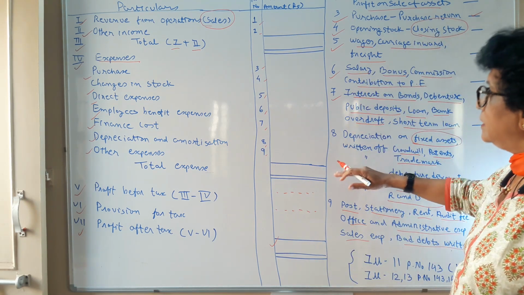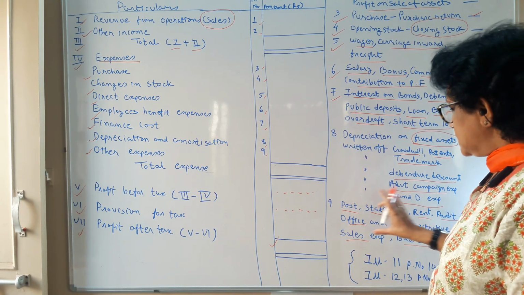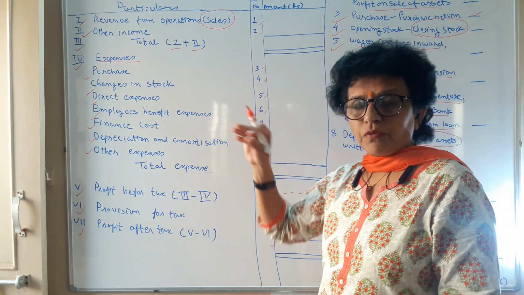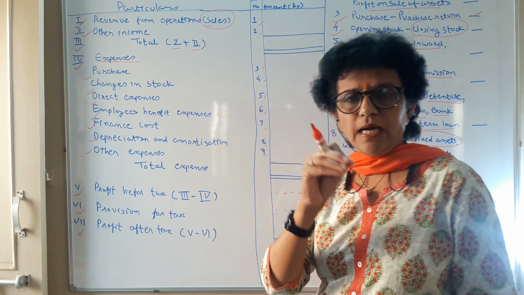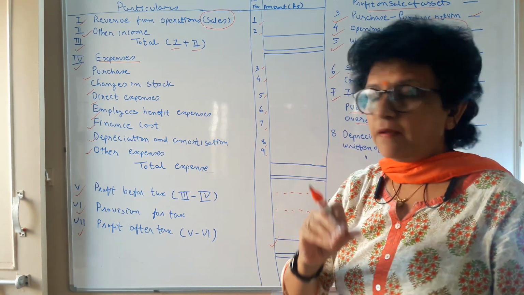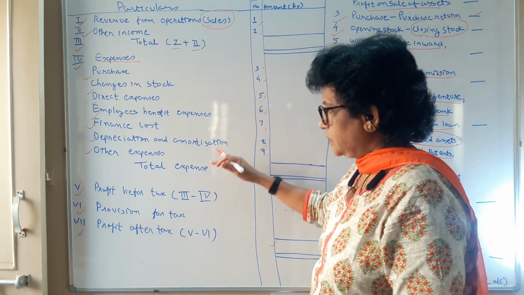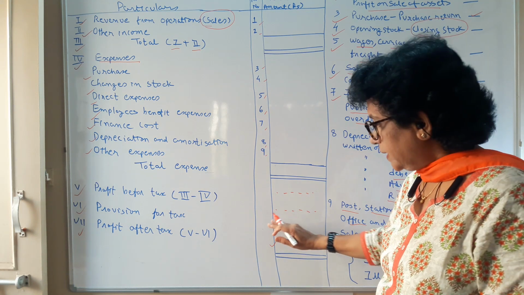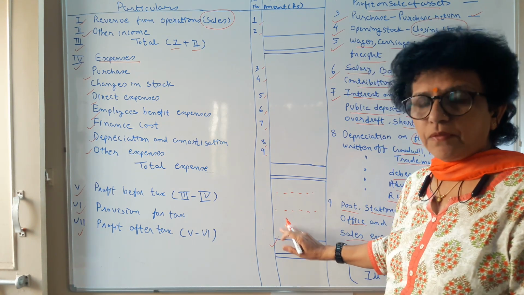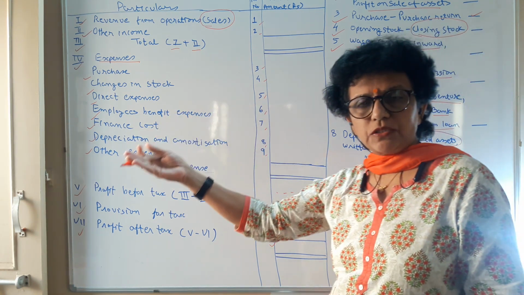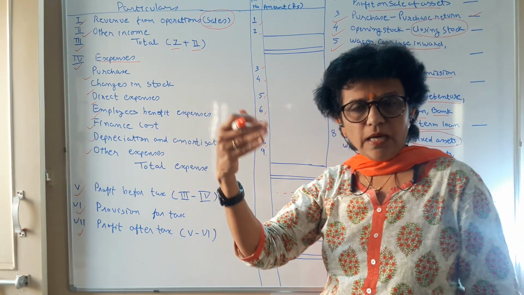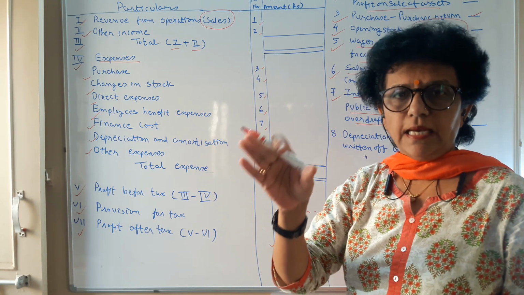In this manner, out of all these expenses, whatever is mentioned in your question, very few selected 5 to 6 items will be given. You have to arrange them into the sequence and derive the profit. Whatever profit you receive will go to the balance sheet, and on the equity and liability side, you have to add the profit in the liability.